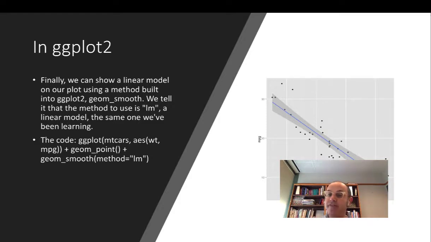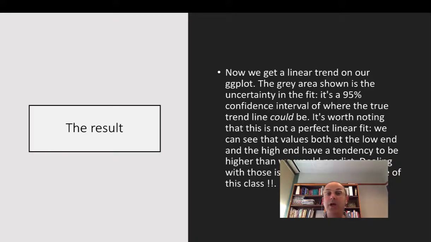I have two variables that I'm looking at, wt and mpg, and I'm using geom_smooth, which allowed us to show the linear regression. Now we get a linear regression out of ggplot2, and the gray area is the uncertainty in the fit.